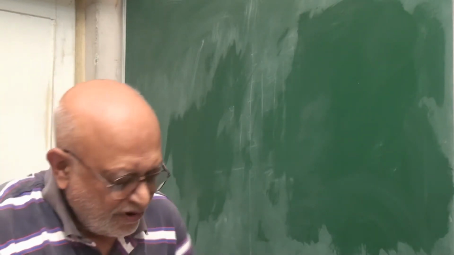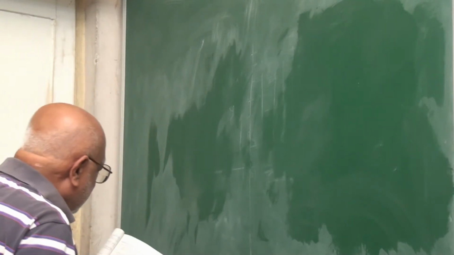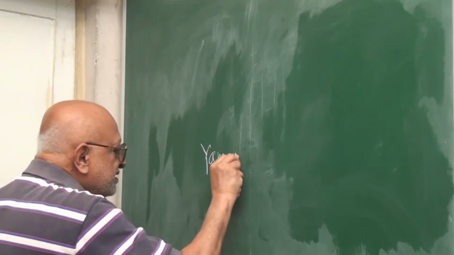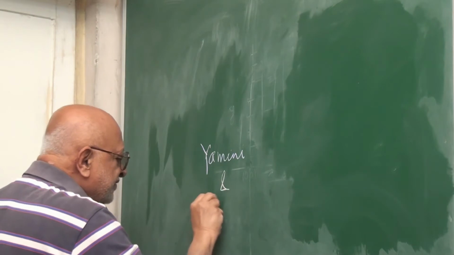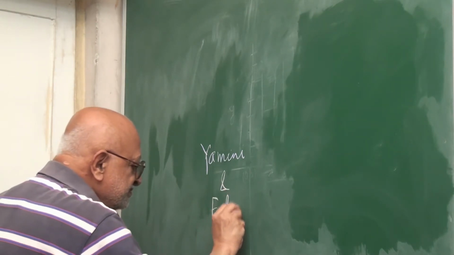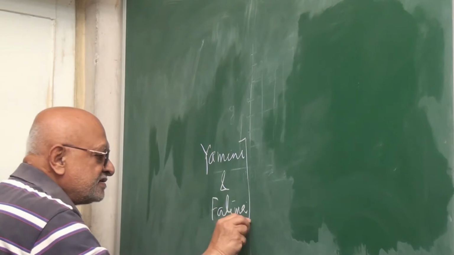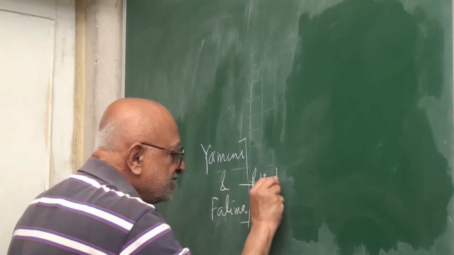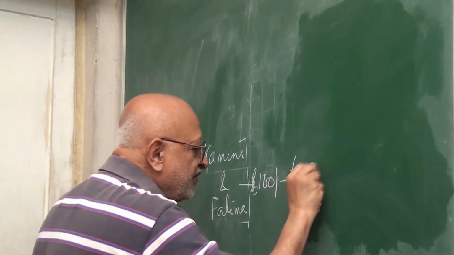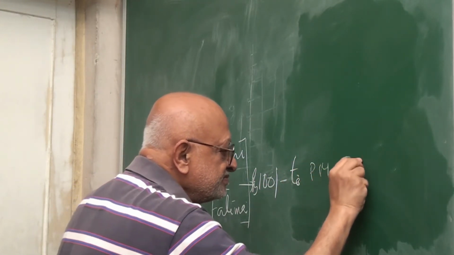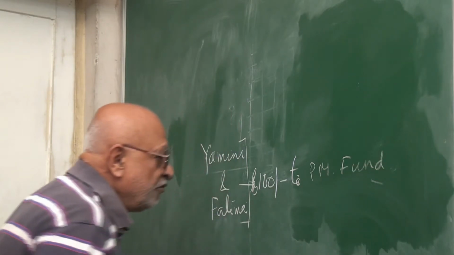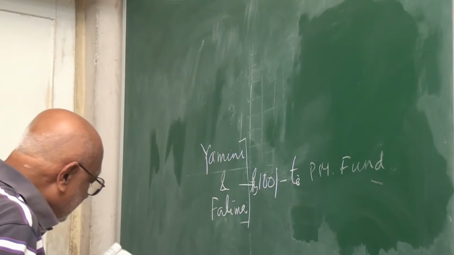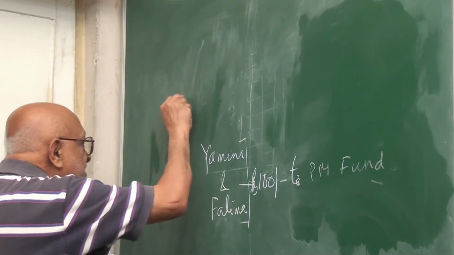It says that there are two girls, one is Yamini and the other one is Fatima. They together contribute rupees 100 to the PM fund. Okay, very noble gesture. This one is question number 7.